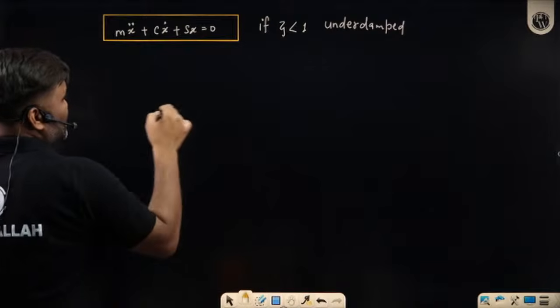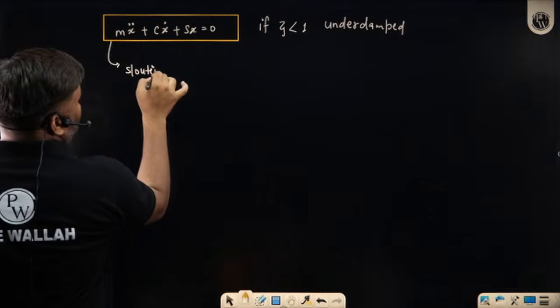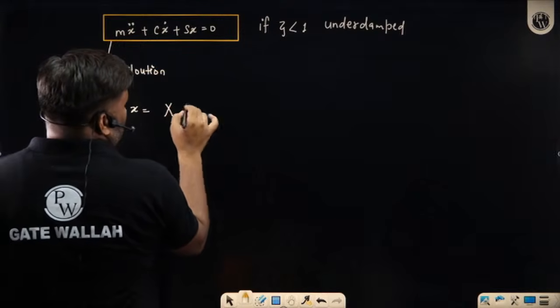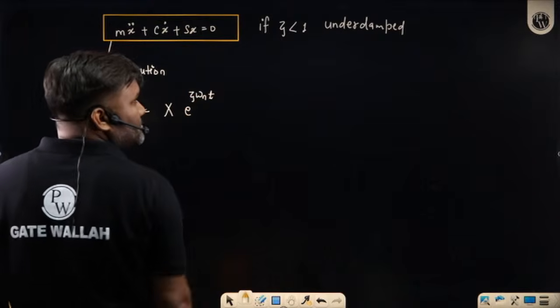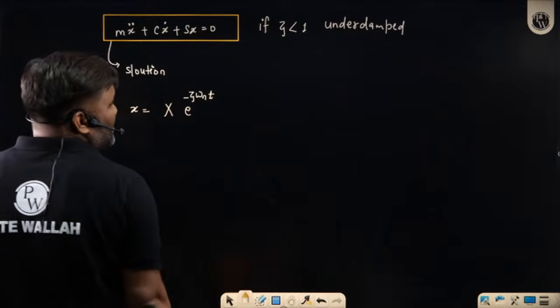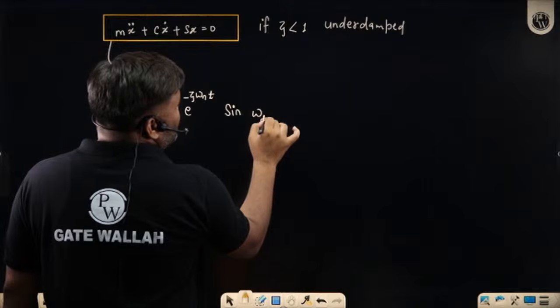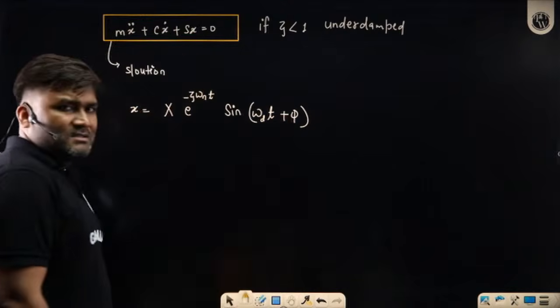In this situation, the solution of this equation becomes small x is equal to capital X e raised to the power minus zeta omega n t sine omega d t plus phi, something like this.